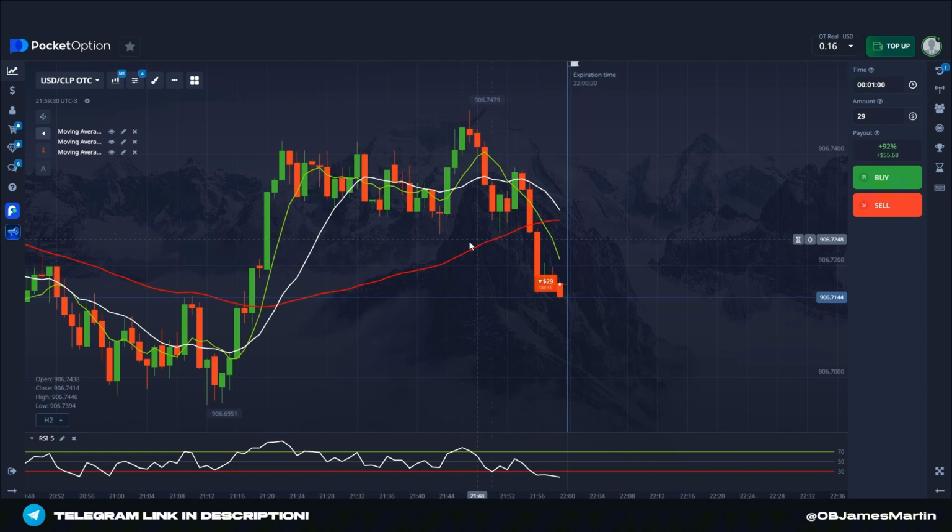I put down the sell button. But don't forget that the white line on our RSI must be below and the red line on the downward trend on the RSI. Okay, as I said, above the green, it's an upward. Below the red, it's a downward. But don't forget the white line, that's the downward direction.